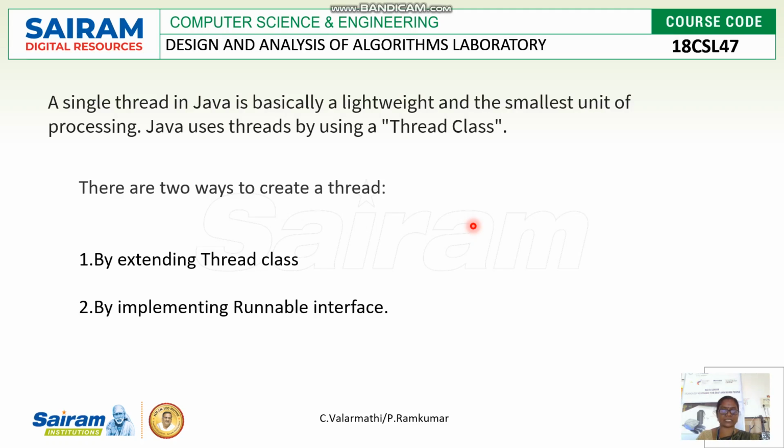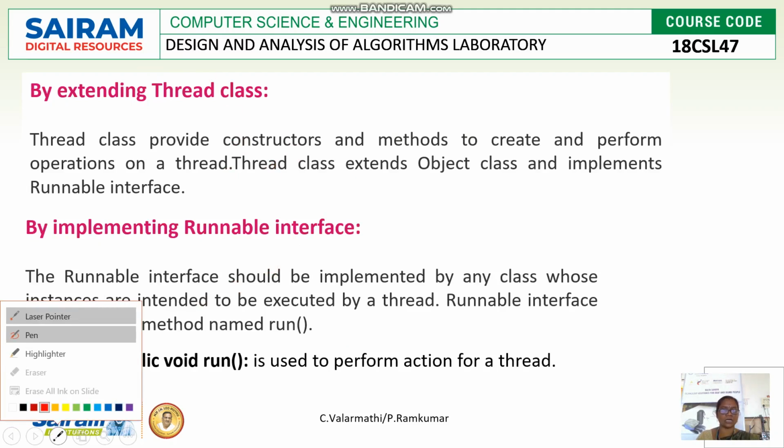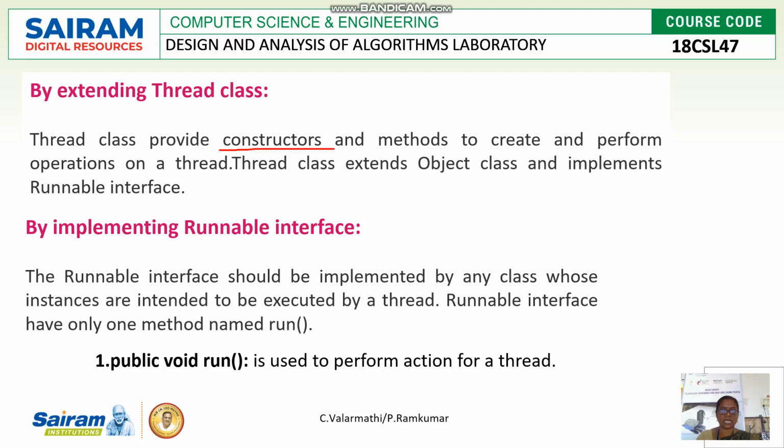A thread in Java is created in two ways. The first is by extending the Thread class, and the second is by implementing the Runnable interface. Extending the Thread class uses its constructors and methods to create a thread and perform operations on it.